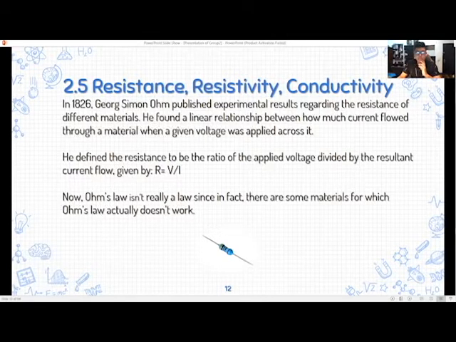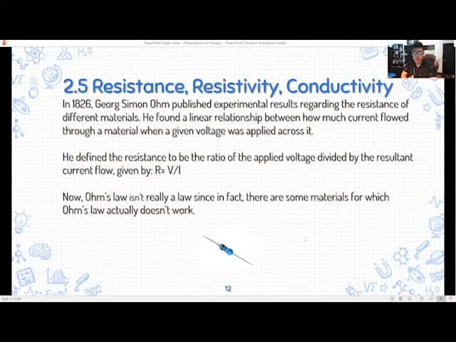Different materials have different resistance, and the formula is R equals V divided by I. You can see it is a resistor, and you can determine how much resistance it has from the color of the rings on this resistor.